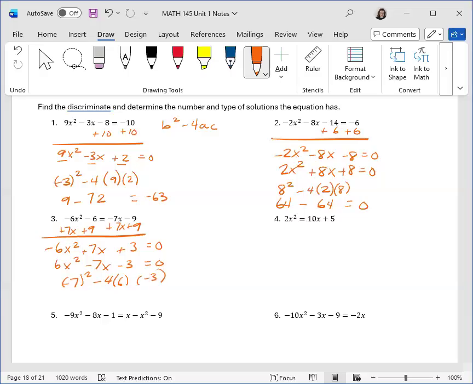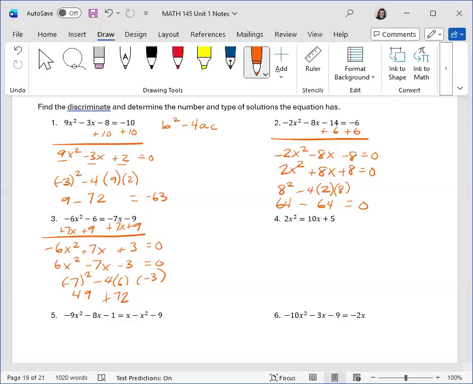All right, negative 7 squared is 49. 4 times 6 is 24, and 24 times 3, I'm grabbing my calculator for that one, is 72. And that's going to be minus a negative 72, or just plus 72, right?